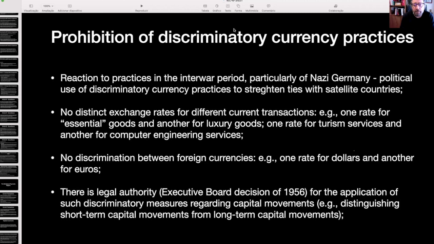Now, there is, however, the possibility to apply, and there's legal authority in that sense, to discriminate as to capital movements. For instance, you can have different exchange rates for short-term capital movements versus long-term capital movements. Now, long-term capital movements involve an investment, a long-term investment.